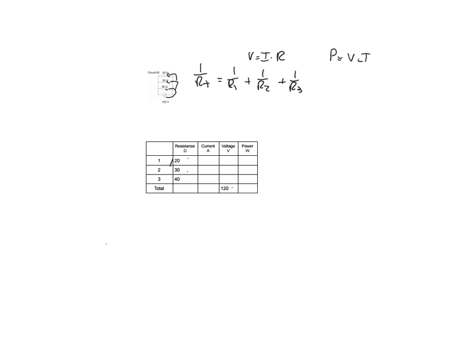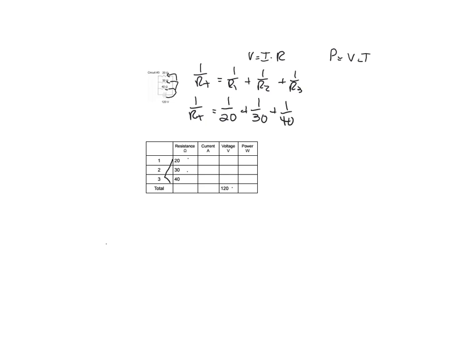So the first step will always be to calculate the total resistance. So RT equal, remember we can use that inverse function, 1 over 20 plus 1 over 30 plus 1 over 40. And then we're going to take 1 over that number to get the final answer.